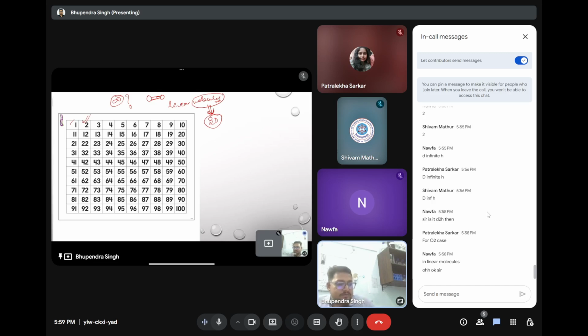In our first example also, when we were able to solve A, B, C, D, and in the case of O, tell me the point group of this O. Nafa, Patlekha, and Shivam, tell me the point group of O. It's T2H.